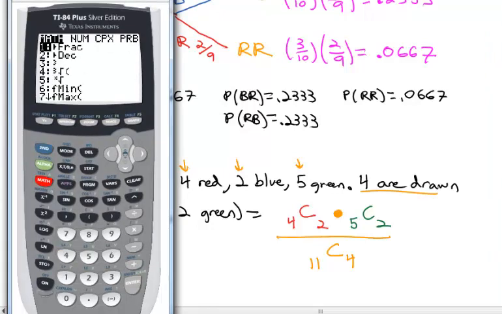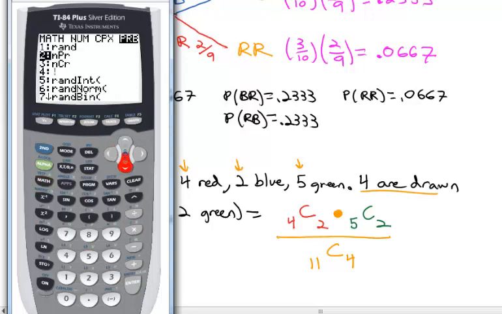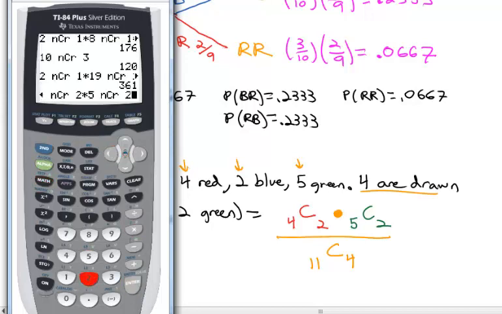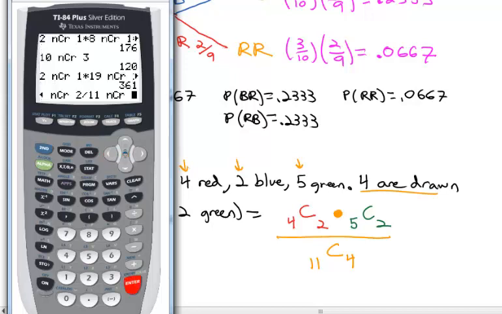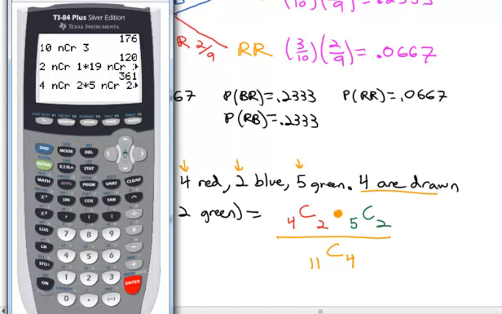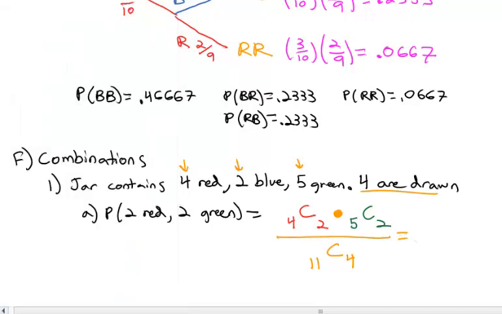We're going to do 4 math over to probability and down to combination 2 times 5 math over to probability down to combination 2 divided by 11 math down to combination 4. Hit enter, and the probability that I get 2 green and 2 red is 0.1818.